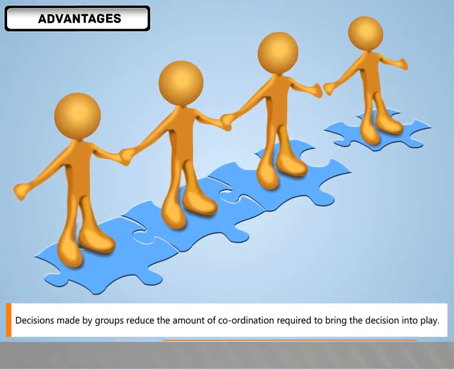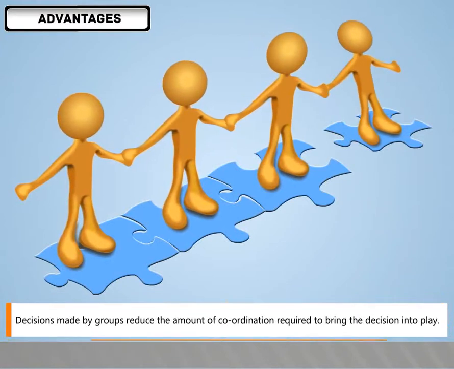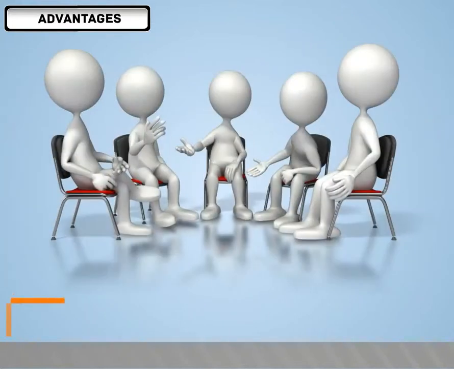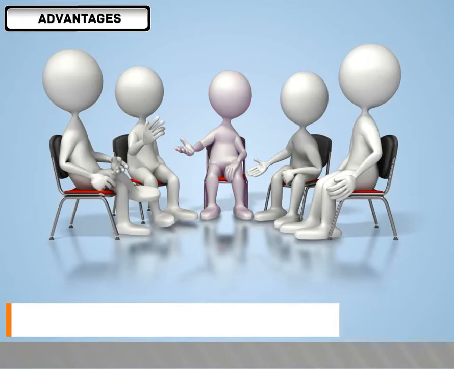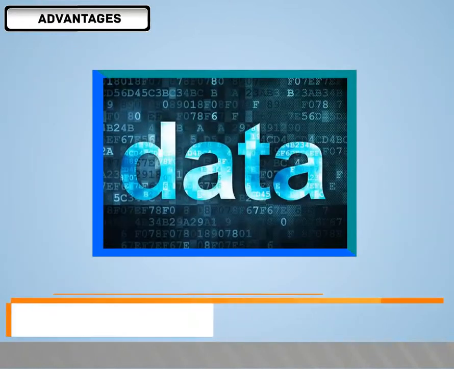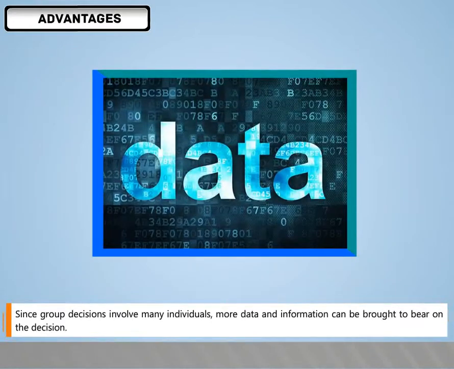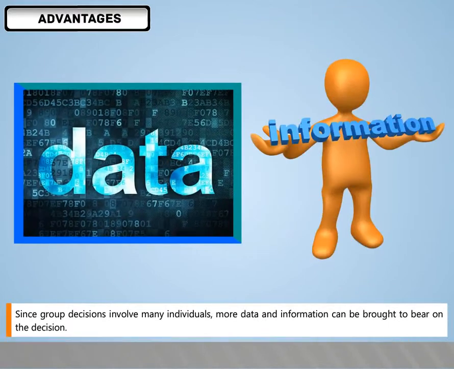Decisions made by groups reduce the amount of coordination required to bring the decisions into play. Since in group decisions, several managers are involved, more solutions are discussed in group situation. Since group decisions involve many individuals, more data and information can be brought to bear on the decision.